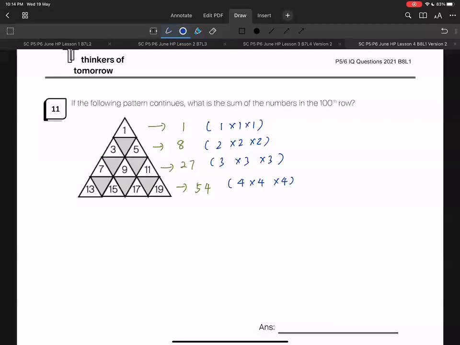In the 100th row, we have 100 times 100 times 100. And we get 1 million.